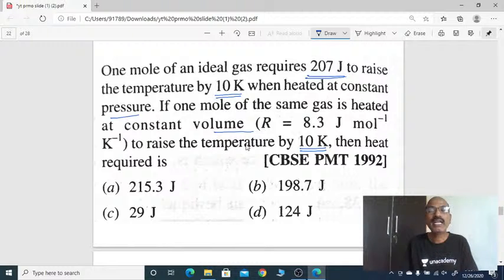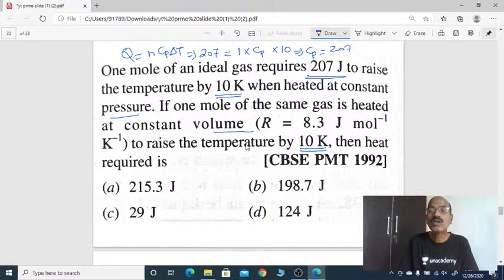Keep in mind we need to use the quantity of heat required, which equals N Cp delta T. Here the quantity of heat is given, 207 joule, the number of moles is 1, the specific heat at constant pressure we need to find, and the rise in temperature is given as 10 Kelvin.